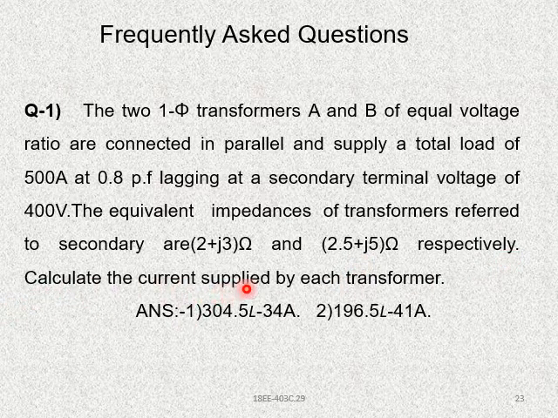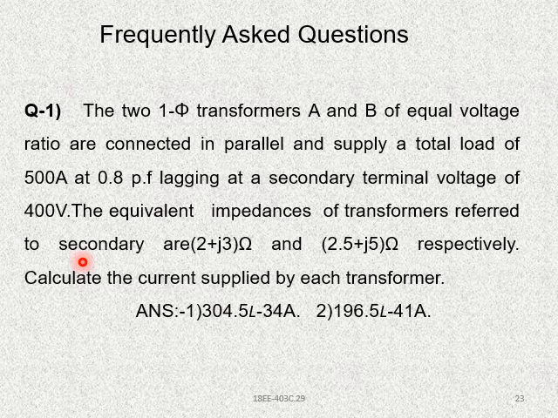Calculate the current supplied by each transformer, that is IA and IB. You know the formulas: IA equals total I into ZB by ZA plus ZB, and IB equals total I into ZA by ZA plus ZB.